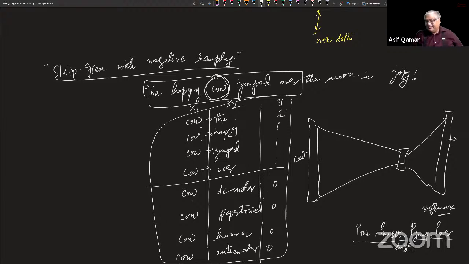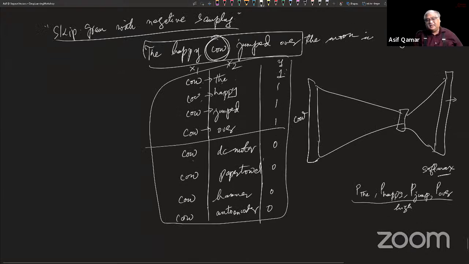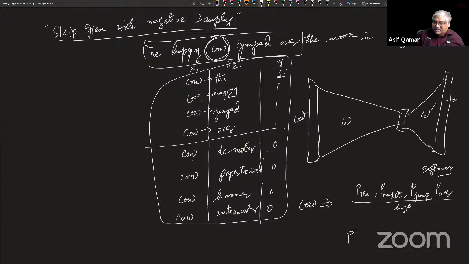And at the same time, you train the neural net, or your weights, again W prime, in such a way that, in this particular situation with cow as input, the probability of DC motor, of paper towel, etc., of autoencoder is low. You want these probabilities to come out low. Are we together? So once again, you write the same cross entropy loss, and then you start training the network.